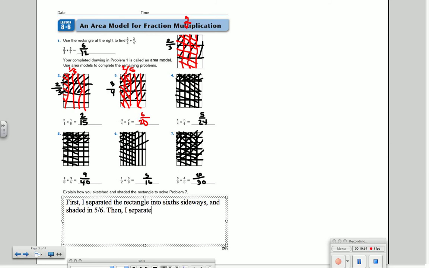Then I separated up and down into 5 sections and shaded in 4. That meant I had a total of 20 rectangles shaded in out of 30. Sorry that I had to type that, but my hand is tired from all the sketching we've done in this lesson.